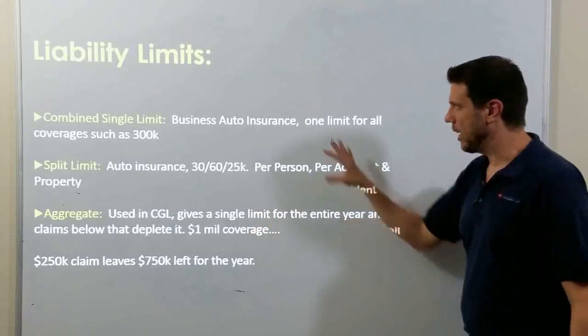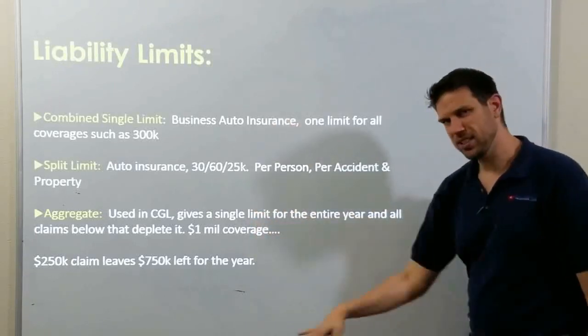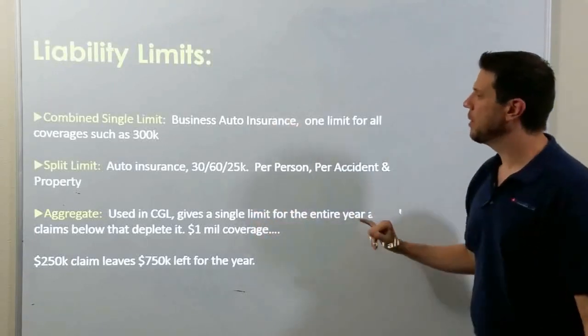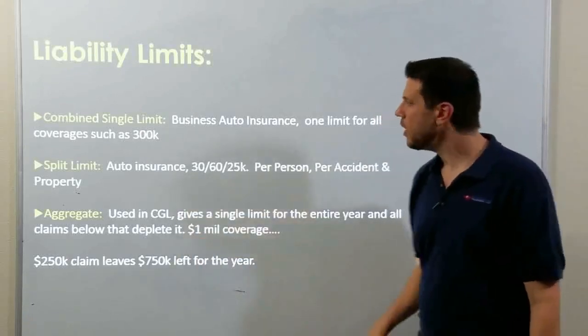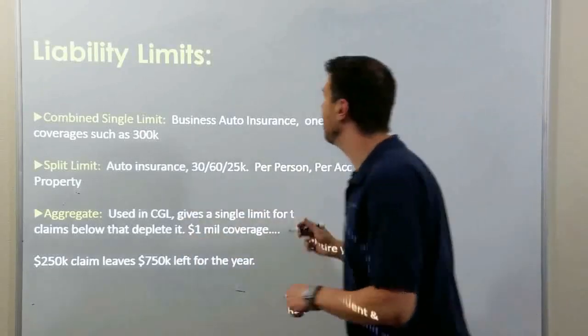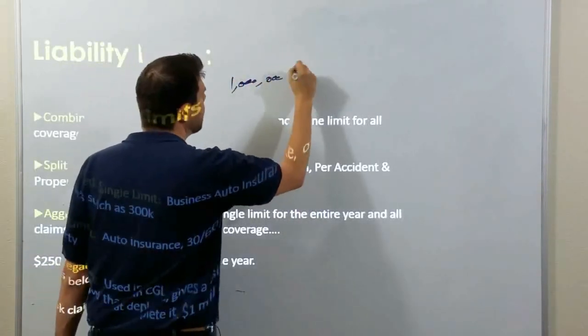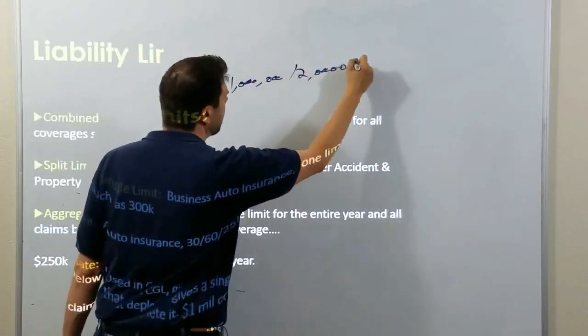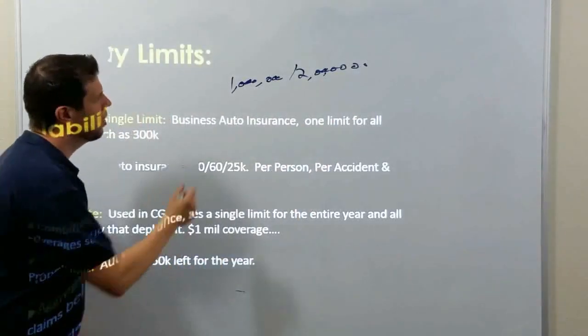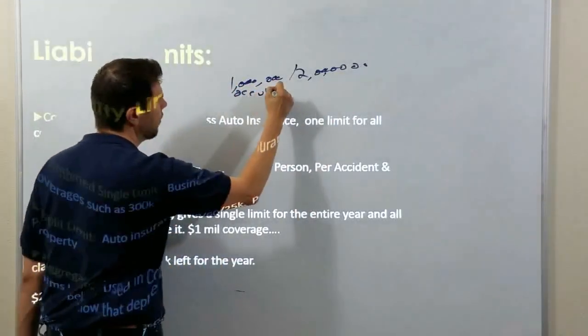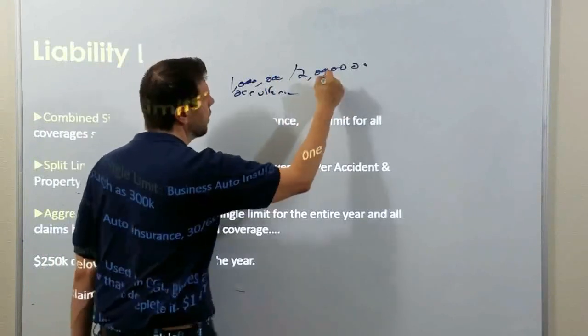Commercial liability insurance, like business insurance, not auto, but like business liability, slip and fall coverage, uses something called aggregate. The most common business policy is 1 million, 2 million. That's 1 million per occurrence, 2 million aggregate.